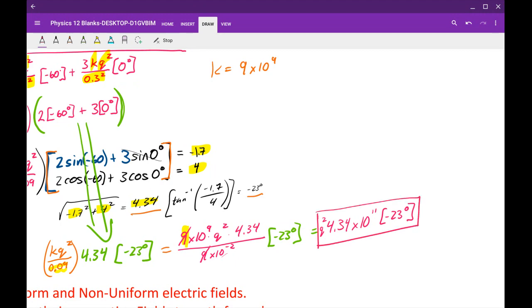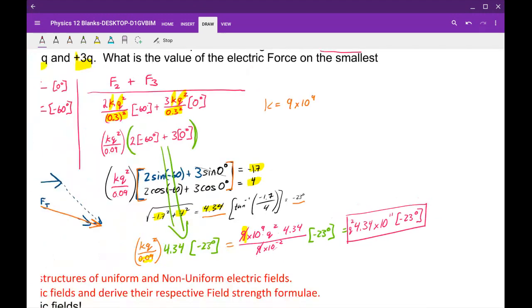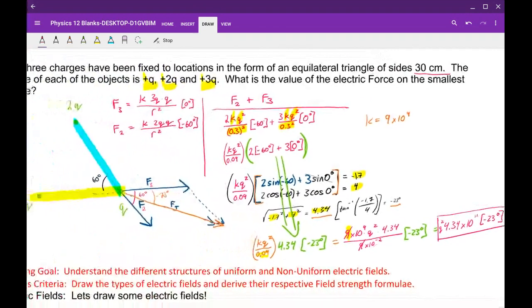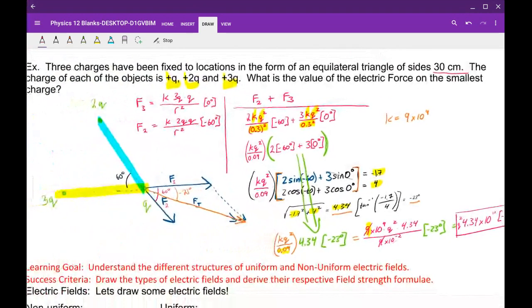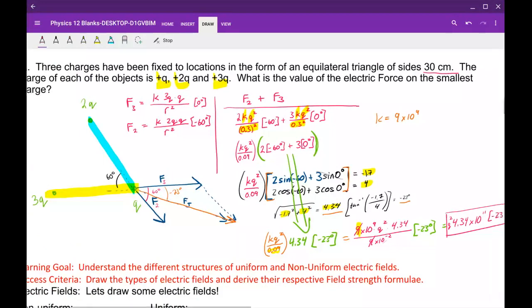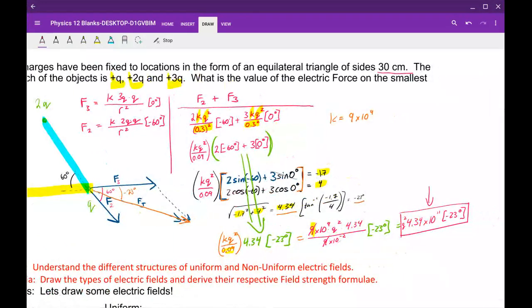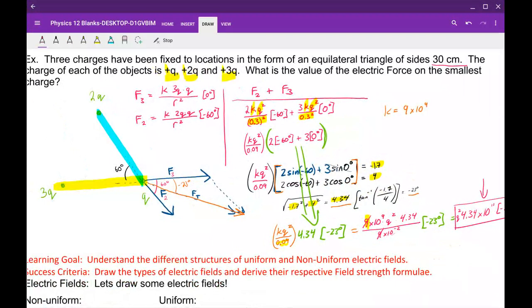And you might say, well, what's Q squared? Well, we don't know what Q is. It depends on what Q is, right? Basically, this is going to be the force experienced by each of the charges if one of the charges is some value and the other two are double and triple of that.